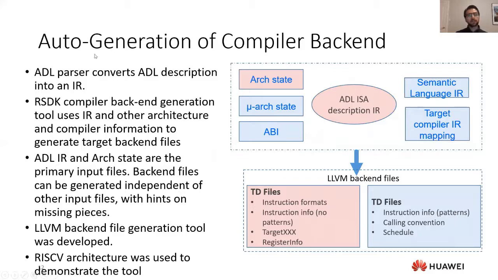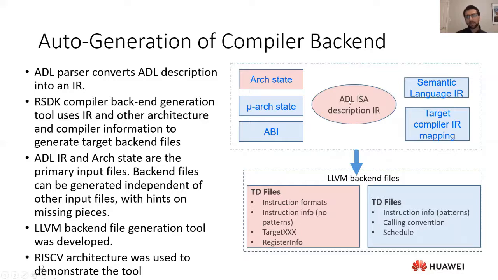Then comes the more challenging and exciting part of the tools, which is the auto generation of compiler backend. Once you have your IR, the compiler backend generation will use that IR to generate a few backend files independent of other input files.